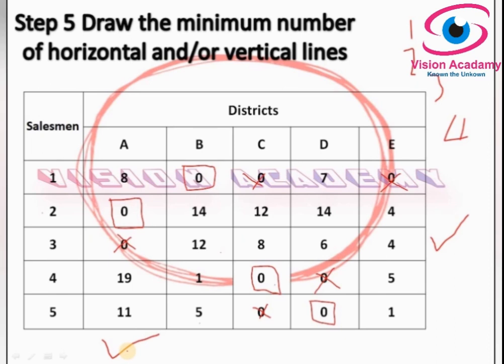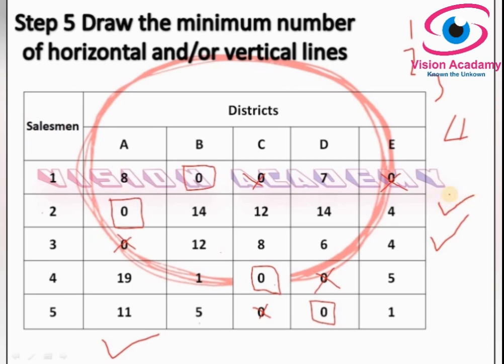Now 5.3: tick mark rows which have assignments in marked columns. So again I have to check whether there is an assignment in this ticked column. Look at here. Yes, in the second row there is an assignment. I should tick mark this.